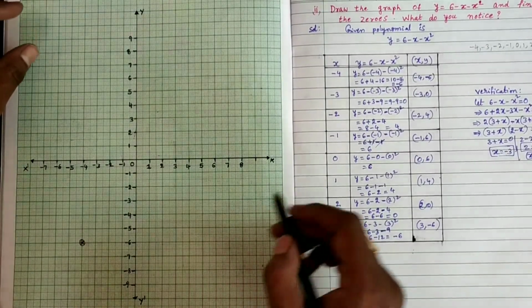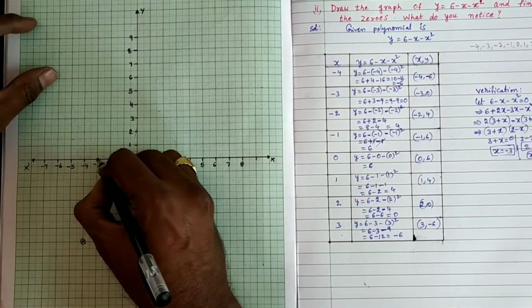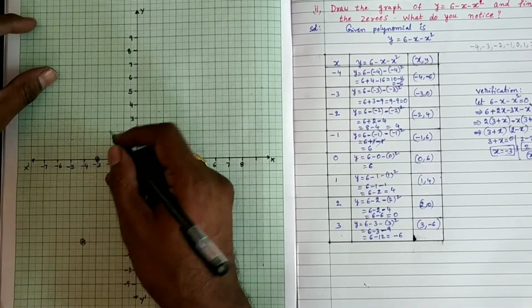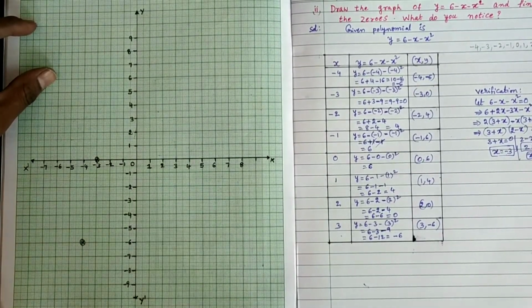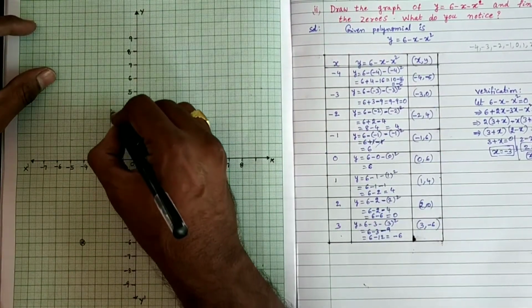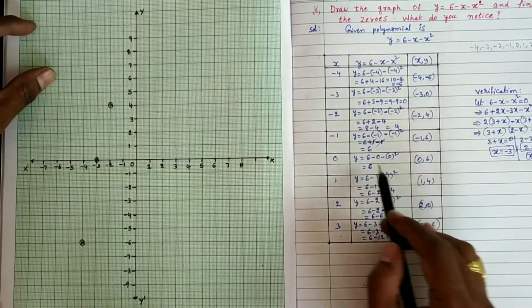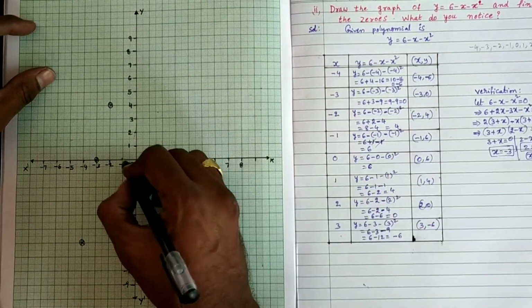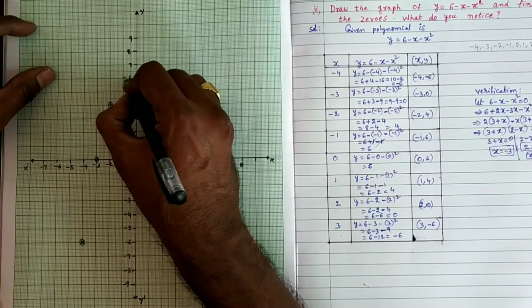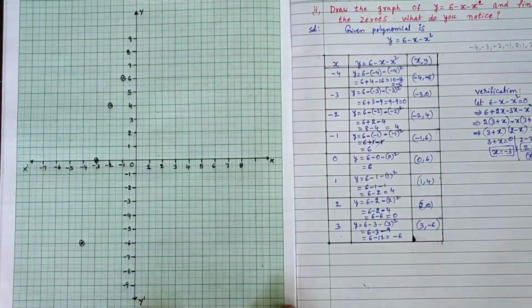And for minus 3, 0. So the point is minus 3 comma 0. Minus 2 comma 4. Minus 1 comma 6. Plot the points like this.